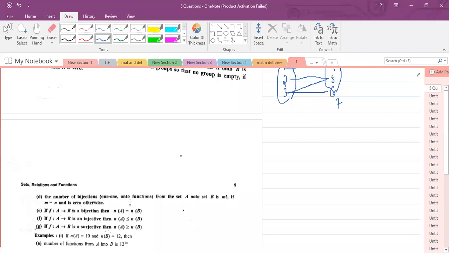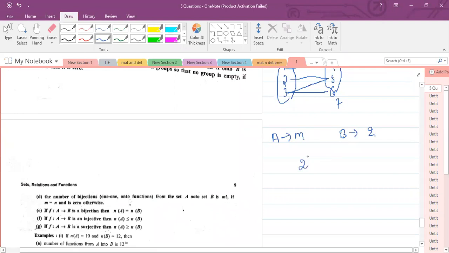If set B has only 2 elements and set A has m elements, then we have the formula 2 raised to m minus 2. Otherwise, we don't have an easy formula to find the number of onto functions. Remember this.